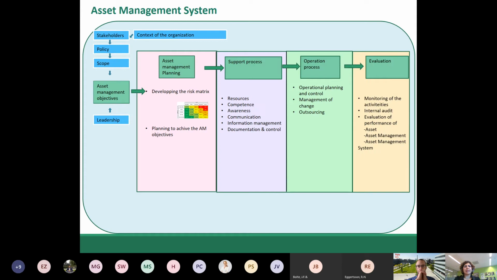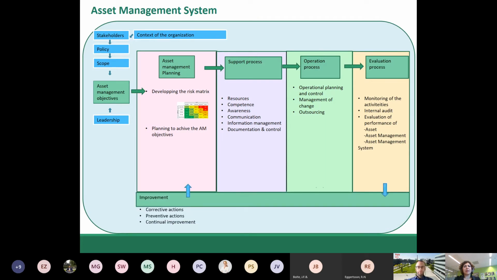After all the activities that I mentioned, it's time to evaluate. We should monitor the activities by doing internal audits, for example. We should evaluate the performance of assets, asset management, and the asset management system. The lessons that we learned from the evaluation process, we should use in the improvement process.